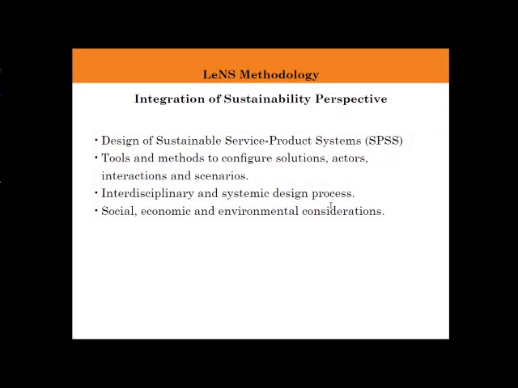This way, the students wouldn't only focus on one particular problem isolated from the rest. On the contrary, they would be connected in a more systemic way with a sustainability lens, so that they could understand what the social, economic, and environmental aspects were behind that.